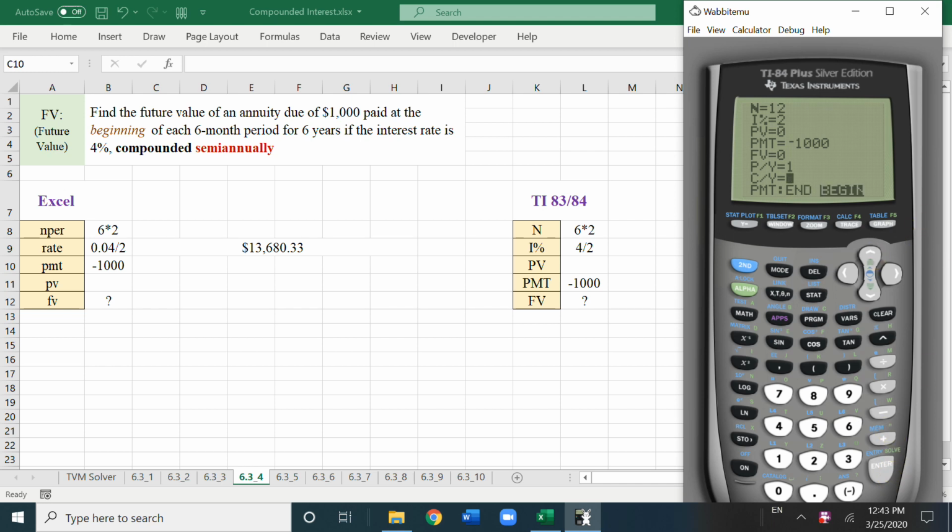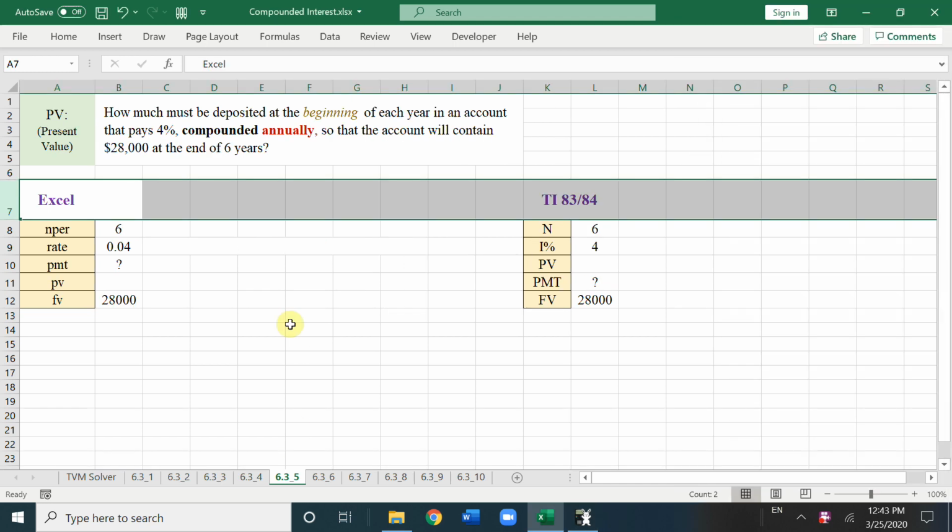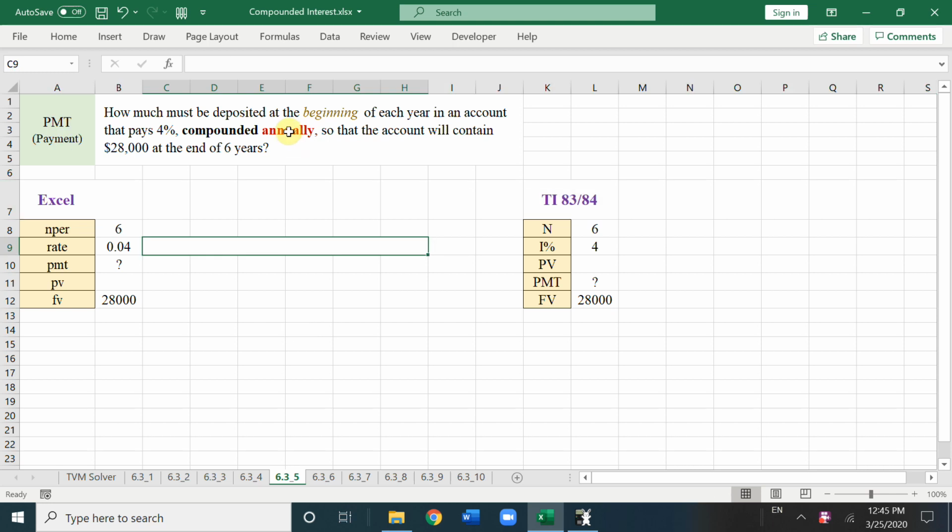Then you go back, cover this FV with the 0, alpha, enter. So we get the answer. Next question. Annually, the keyword, compounded 6 years, and just copy this rate.